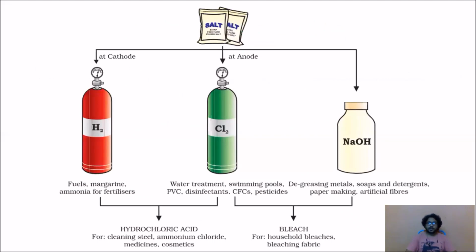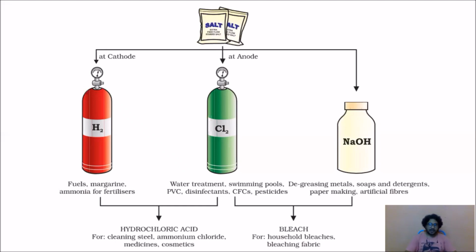First, you can observe on top we have salt. When electricity is passed through salt, automatically at cathode we get H2, and at anode, positive terminal, we get chlorine. So why? Because you know, whenever you see hydrogen, in your mind you have to get it like H plus, and chlorine it is Cl minus.